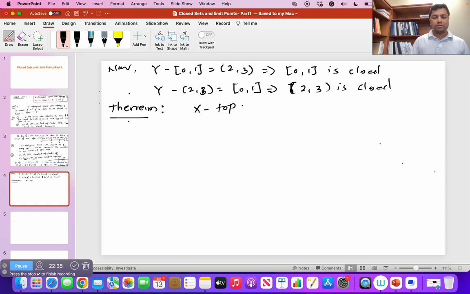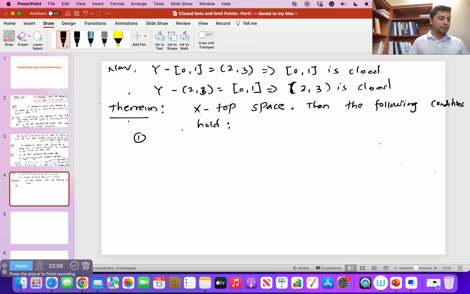Let X be a topological space. Then the following conditions hold in X. That means there are three conditions, and they are going to be true in a topological space.